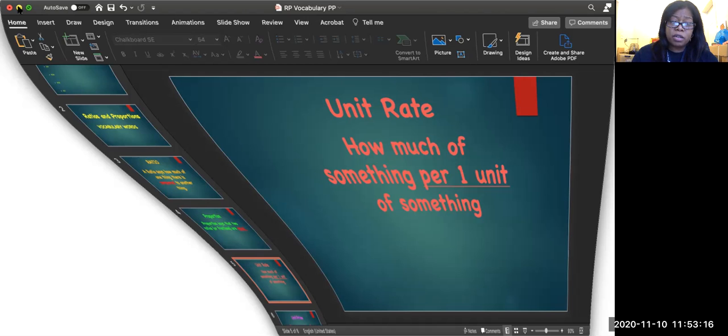For number one, we see two shapes: a triangle and a square or rectangle, whatever you want to call it. We would count the triangles. There are 5 triangles, 1, 2, 3, 4, 5, and then there are 3 rectangles. So our ratio in this instance will be 5 to 3.